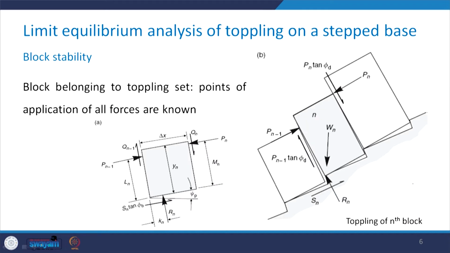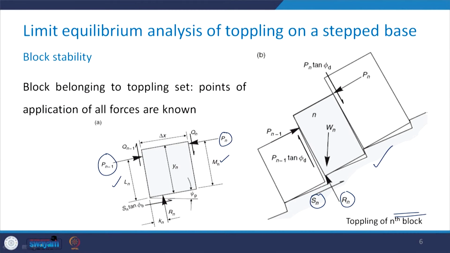So these are the typical forces acting on the nth block. Now let us first take a block belonging to the toppling set. In that case, the points of application of all the forces are known, like here you can see Mn and Ln, where Pn and Pn minus 1 respectively are acting.